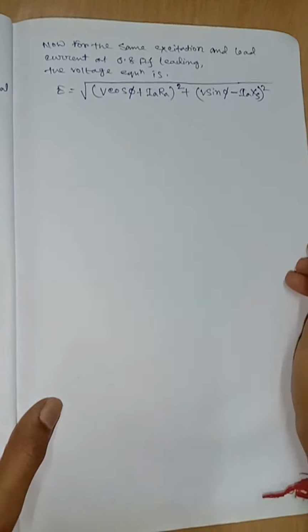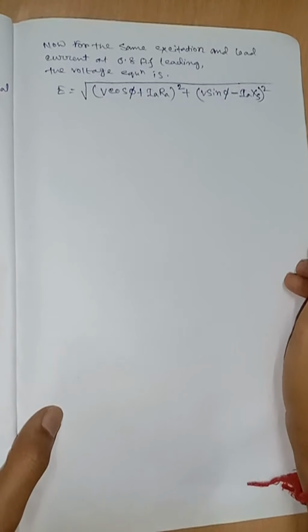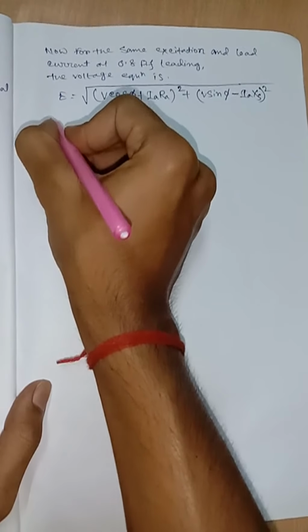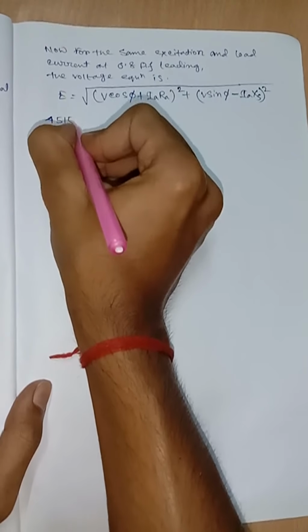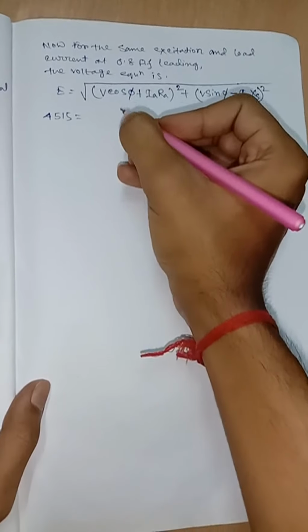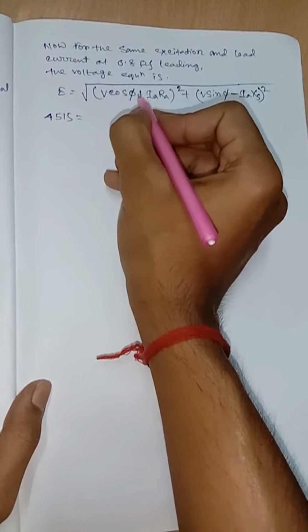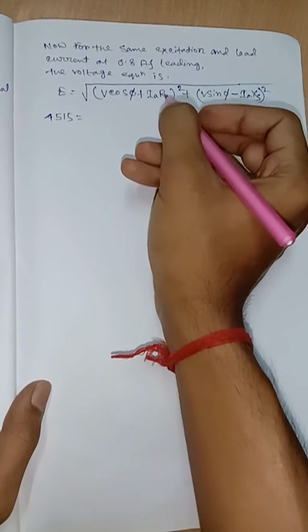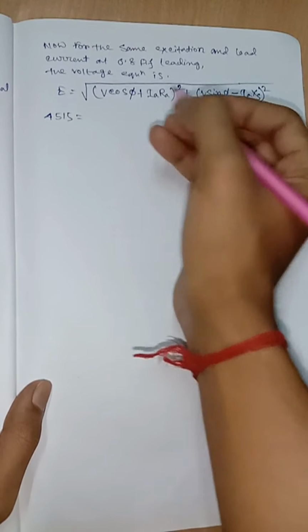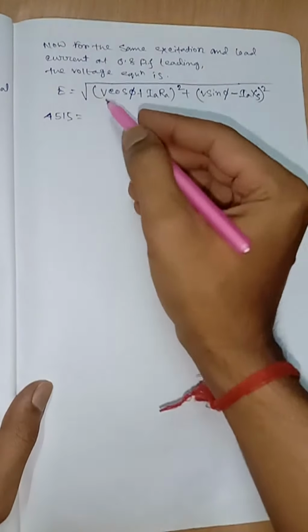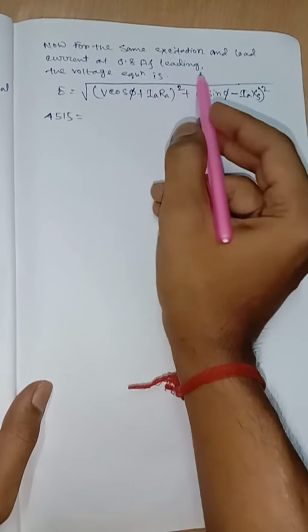We also know the value of E is 4515, and we have to find this voltage at the leading power factor.